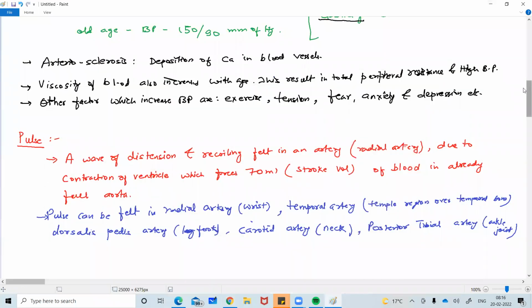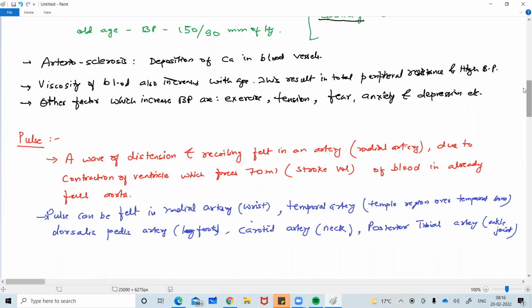What are the factors that affect the pulse? So generally, pulse is affected first of all by age. That's very important. Second is the posture, how you are sitting, what is your body orientation. That also affects the pulse.